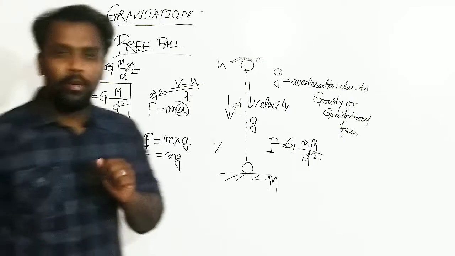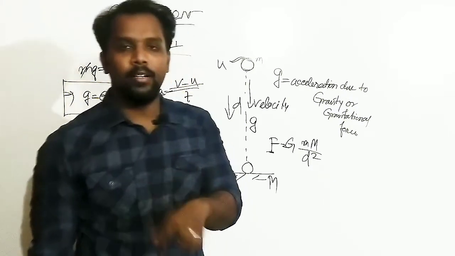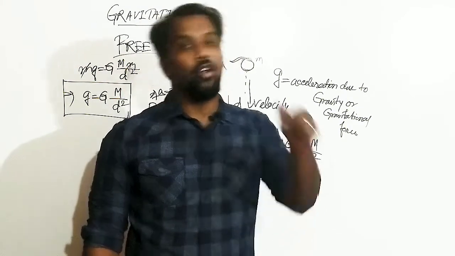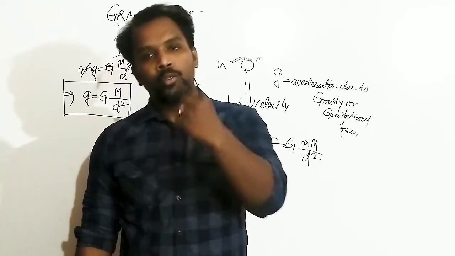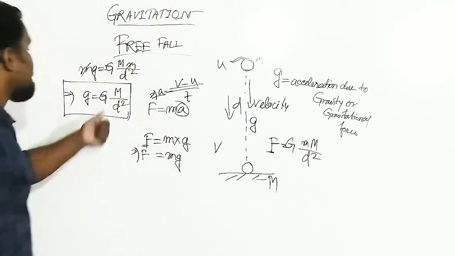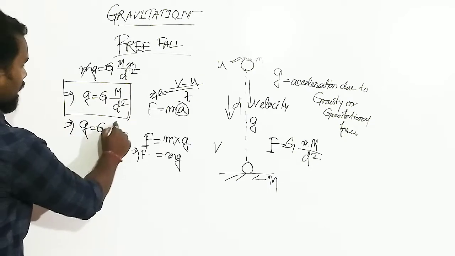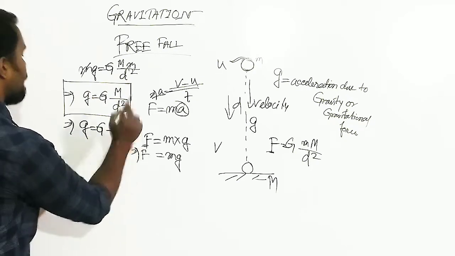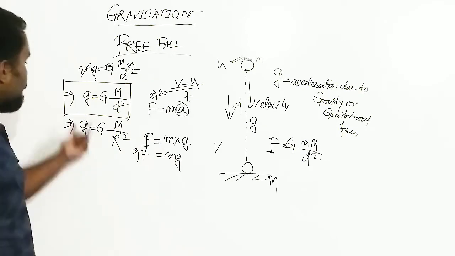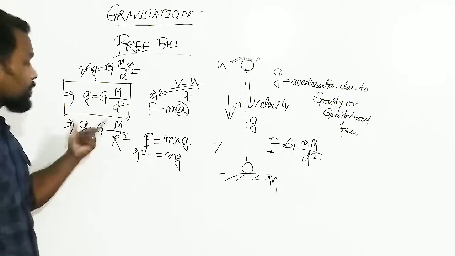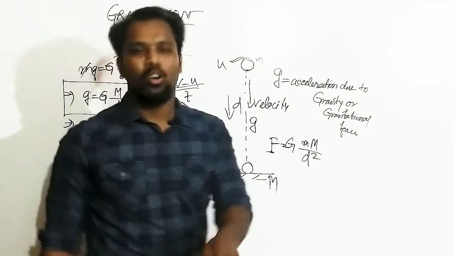Whenever we consider an object near or on the ground, in that case that d is substituted by capital R, and the equation becomes g equal to G M by R square. The object has to be on the ground or just near the ground.